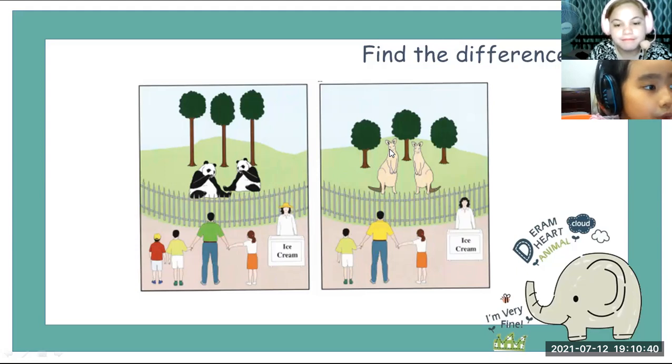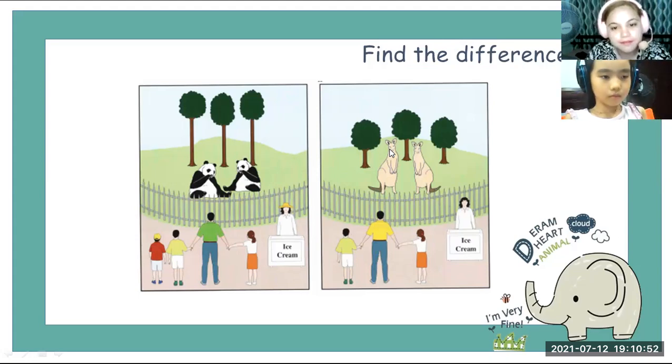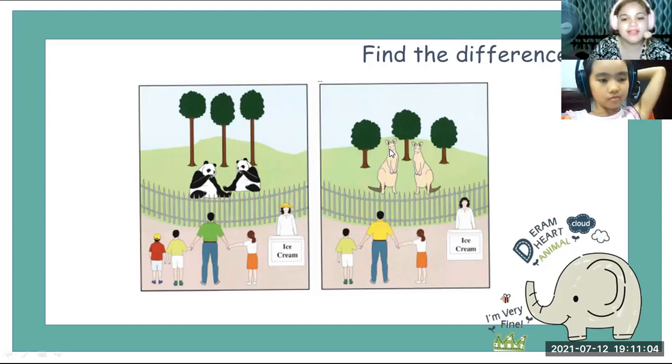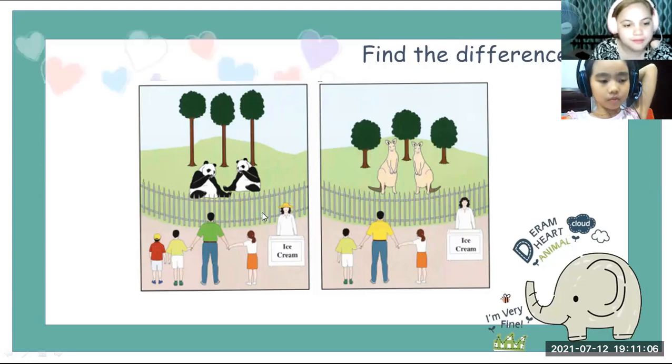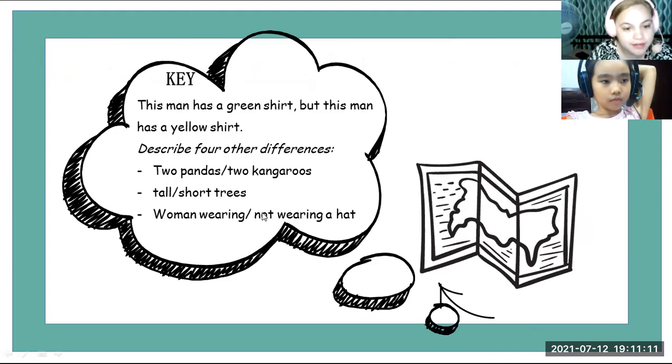You don't count the panda and kangaroo? Ah, yeah, I didn't count the first one. So it's already 5. Can you see anything else? No. That's all? Yes. Okay, let's see now, Kiko. So the first one, the man has a green shirt, but this man has a yellow shirt.